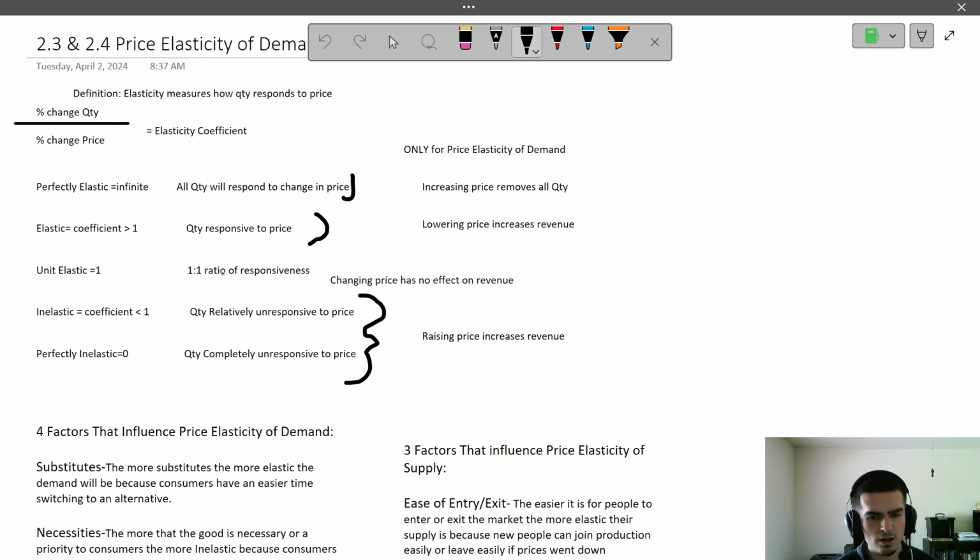Let me rephrase that. If you're a seller and you lower your price and it's elastic, then people are going to buy more than make up for that loss of revenue. But if your good is inelastic and you raise the price, then your revenue is going to increase because quantity is relatively unresponsive to price. So you won't lose that much quantity in response to an increase in price.